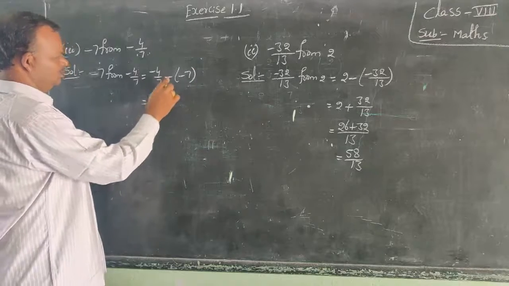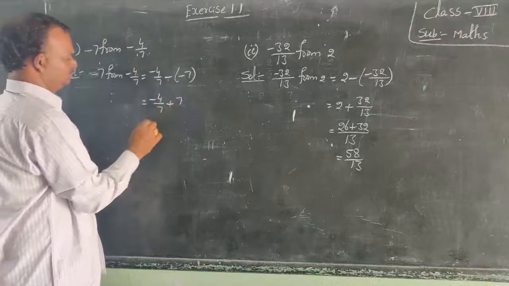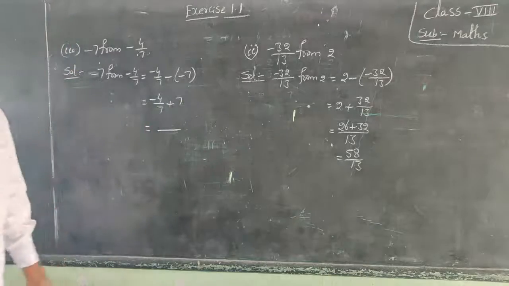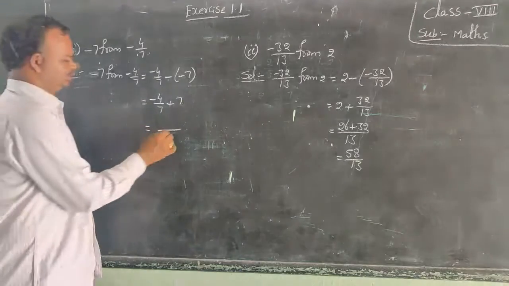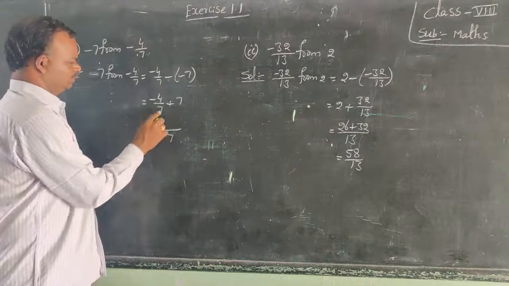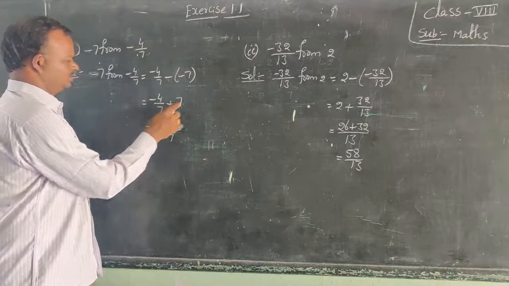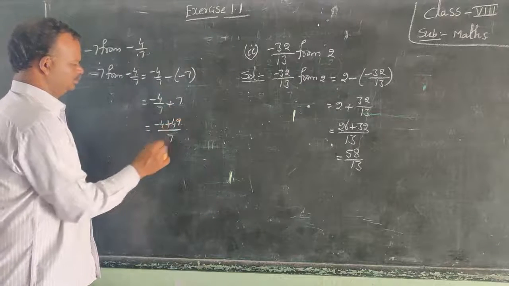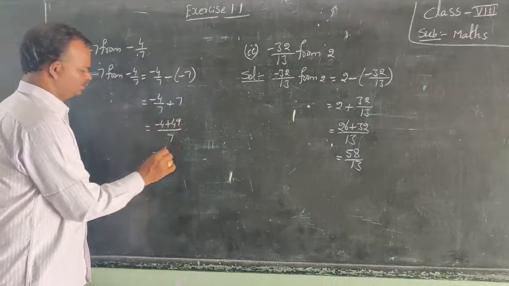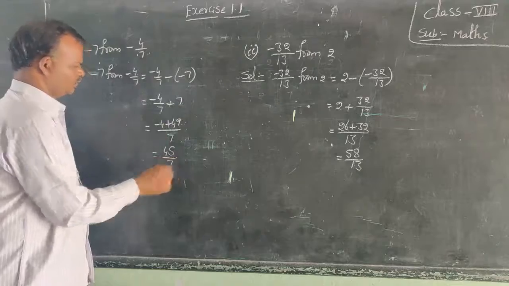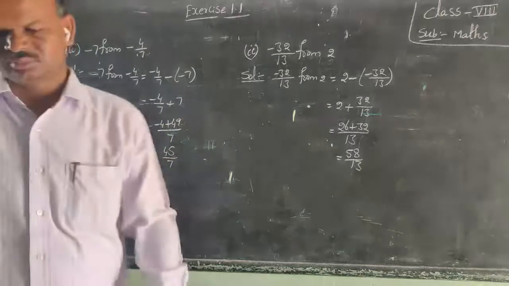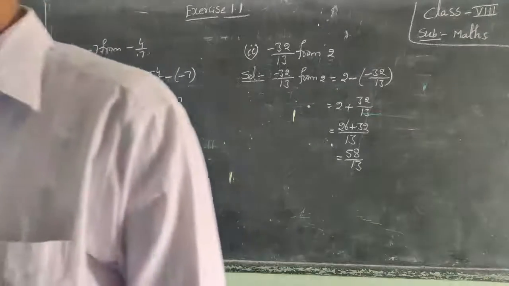That is equal to minus 4 by 7 minus into minus plus 7. Take LCM. LCM is 7. 7 divided by 7 one time. 1 into minus 4 plus 7, 7 7s are 49. 49 minus 4 is 45 by 7.